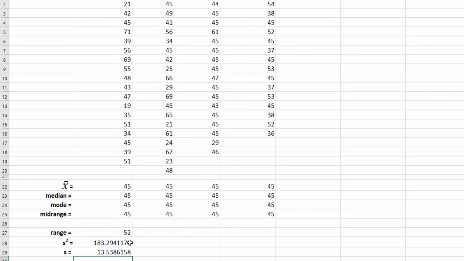So for this one, I have a range of 52, a sample variance, S with the little 2 next to it, of 183 and change, and a sample standard deviation of 13.5-ish. So let's drag and drop all these functions across to see what the other ones are.